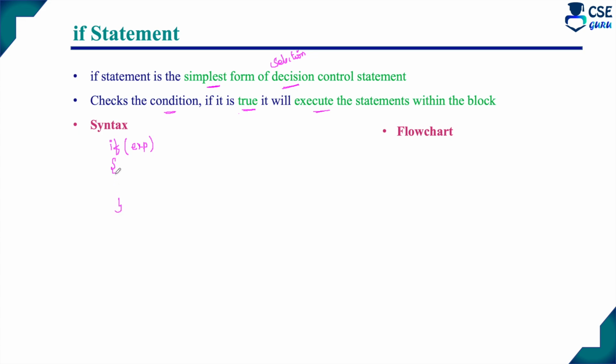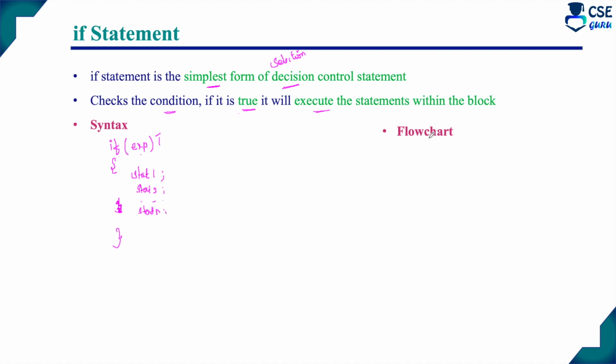If there are multiple statements, the block is necessary. If this condition is evaluated to true, execute statement 1, statement 2, up to statement n. It may be a single statement or a block of statements. This is the syntax for the if statement.